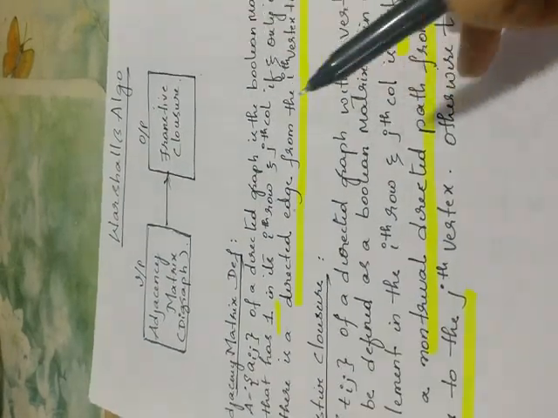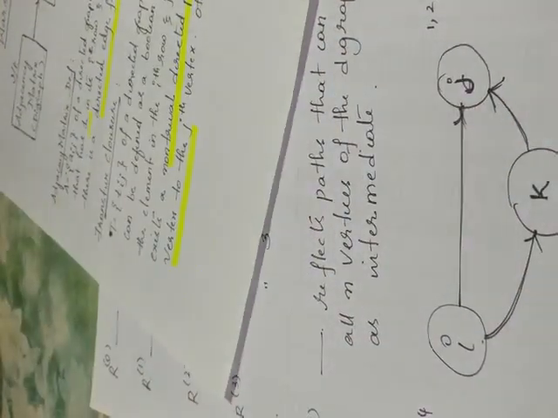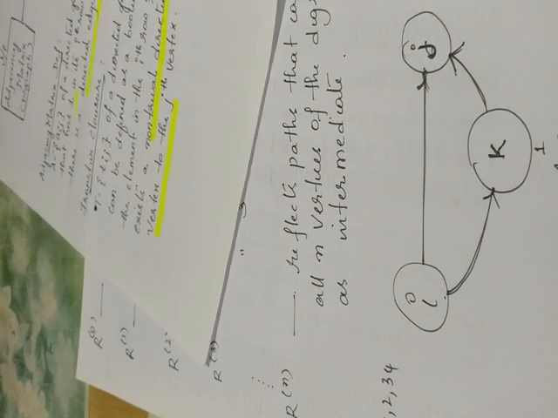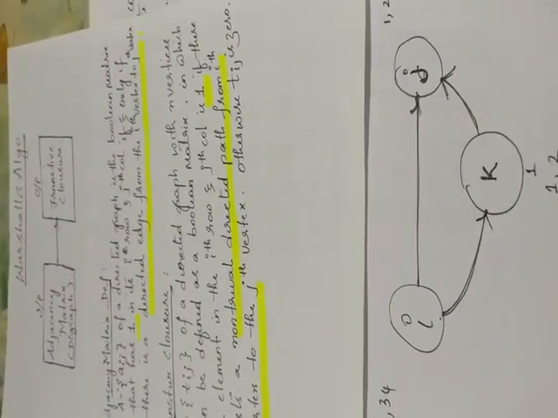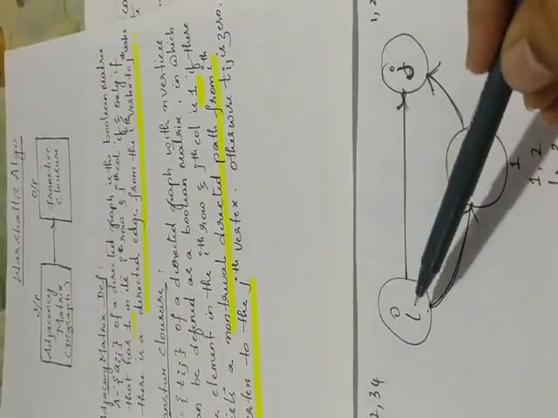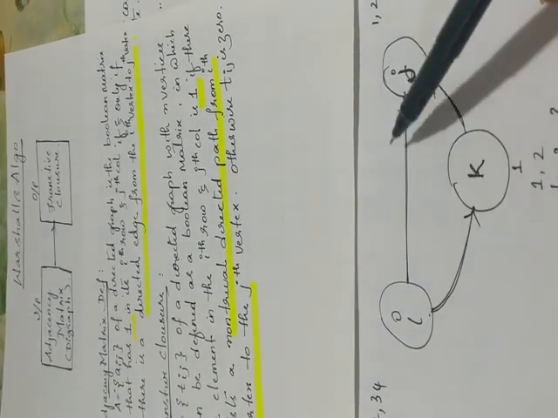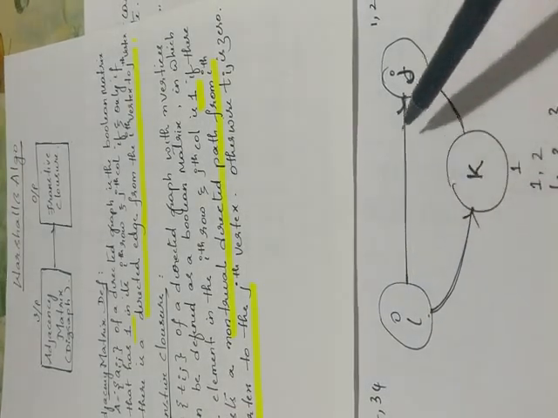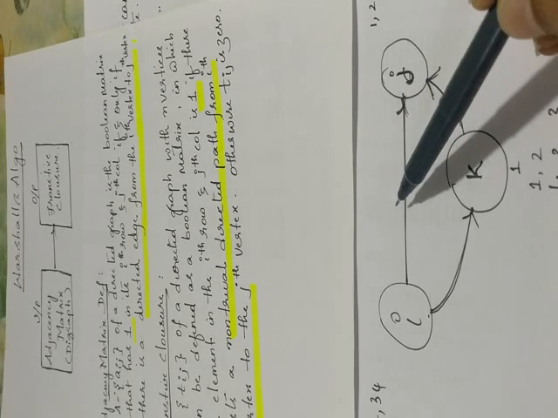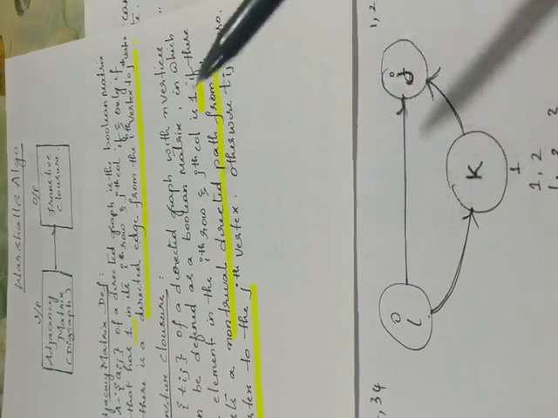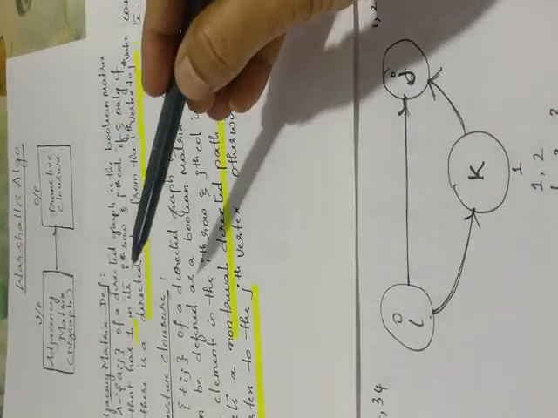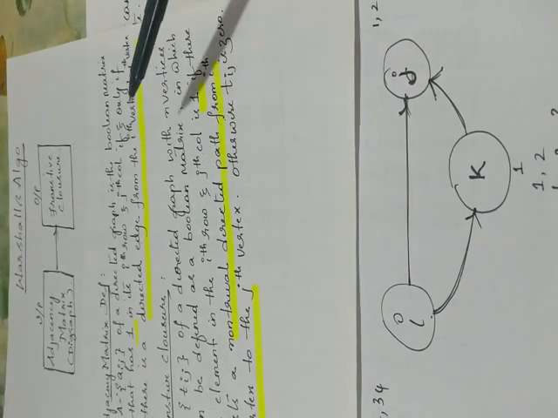Let me take one sample graph for you and explain here. So you can see here I have taken vertex i and j. If there is a direct edge, then I am going to represent 1, if not 0, in the adjacency matrix. If there is a directed edge from ith vertex to j.